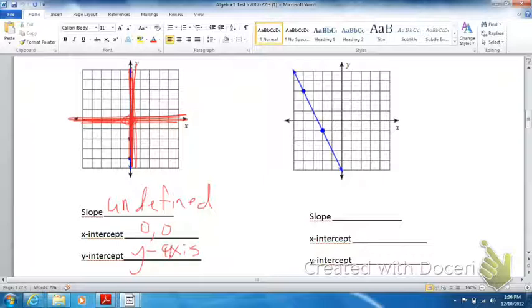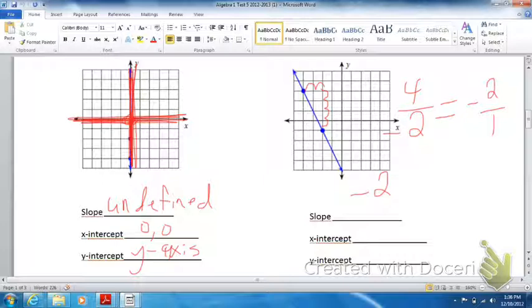On the next one, the slope. This is what you do, rise over run. So let's see, we're going to go up 1, 2, 3, 4, over 1, 2. And we're going to the left 2, so it's negative 2. Reduce it by 2 and you get negative 2 over 1 or negative 2, that's fine.